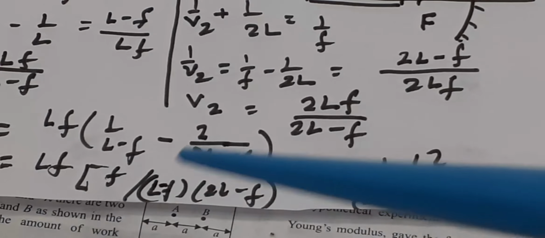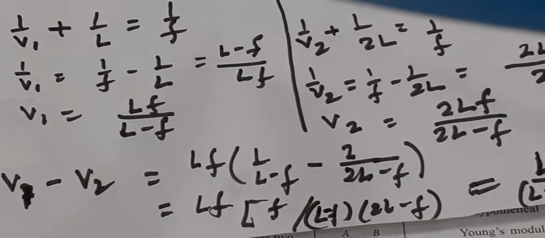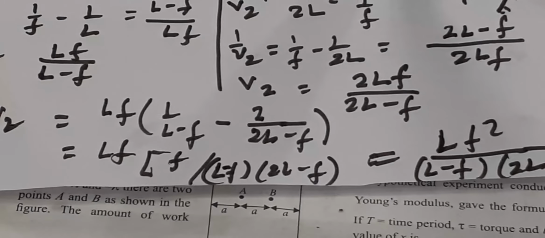In the denominator you will see L minus F within bracket, then twice L minus F. In the numerator you will be getting L F square, and this expression is the image length, I mean V1 minus V2 or V2 minus V1. If negative comes, take mod. That will be the image distance for this particular arrangement, that is L F square by L minus F within bracket twice L minus F.